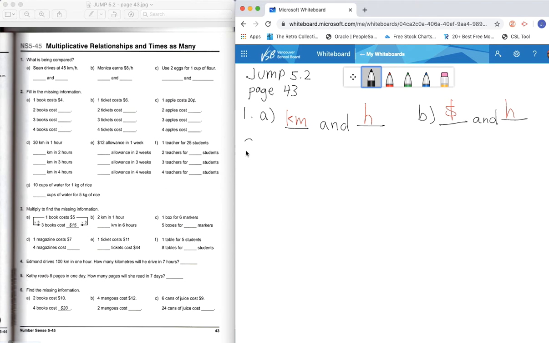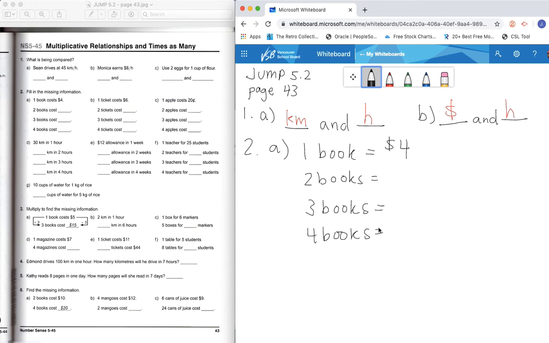All right, number 2A, fill in the missing information. So one book costs $4. How much do 2 books, 3 books, and 4 books cost? Okay, so all you have to do is multiply 4 by 2, and then 4 by 3, and then 4 by 4.